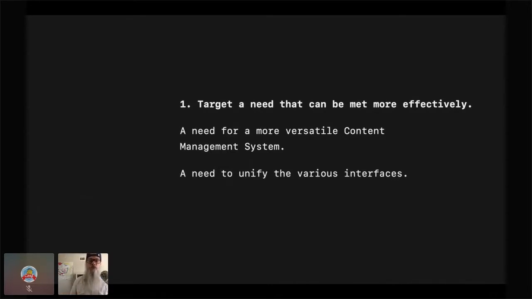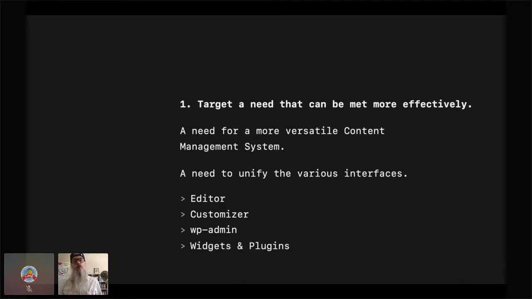But we had, or we currently have, the editor, the customizer, WP admin as a whole, and even widgets and plugins were providing their own interfaces oftentimes, and this caused a disconnect with users trying to understand where to go, how to use an interface. Things were looking different throughout WP admin. There wasn't a consistent way to interact with things.